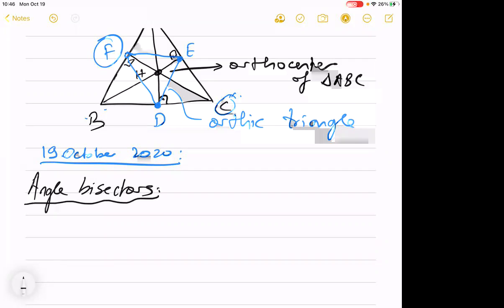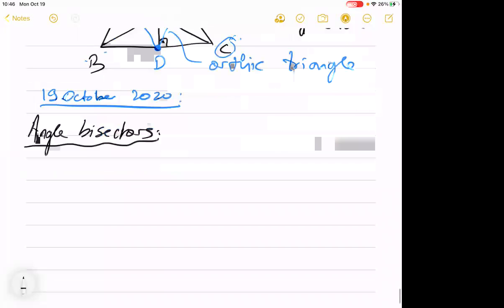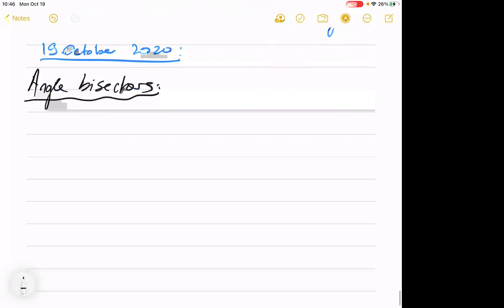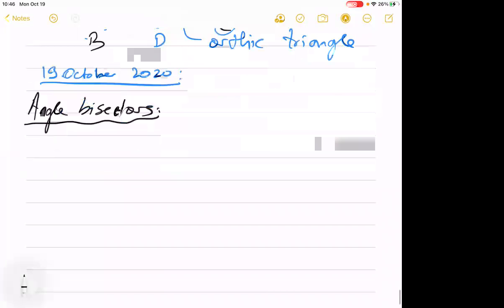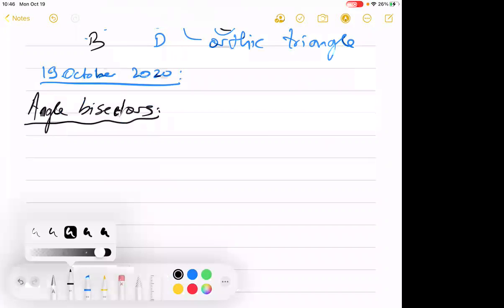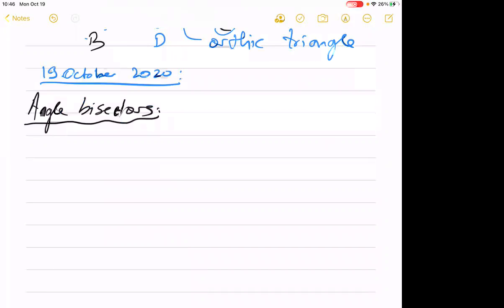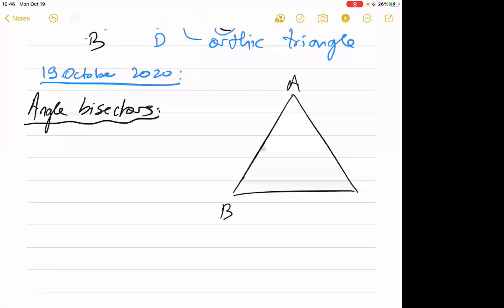So, what is an angle bisector? Let's take a triangle ABC like this.